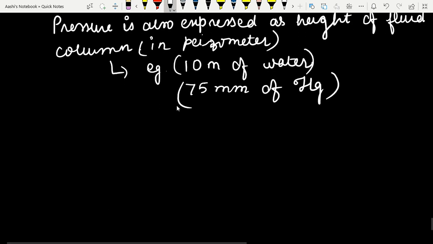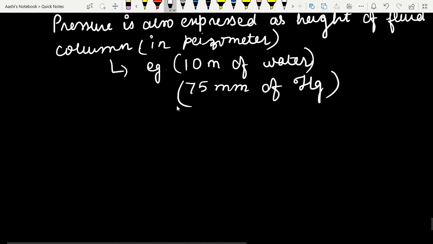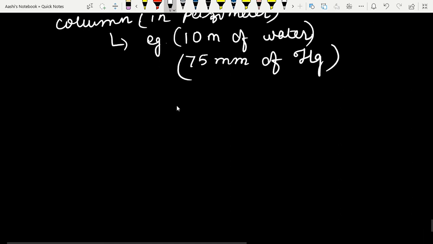Now we'll discuss very important laws related to pressure, that is Pascal's law and hydrostatic law. So let's discuss two very important laws.